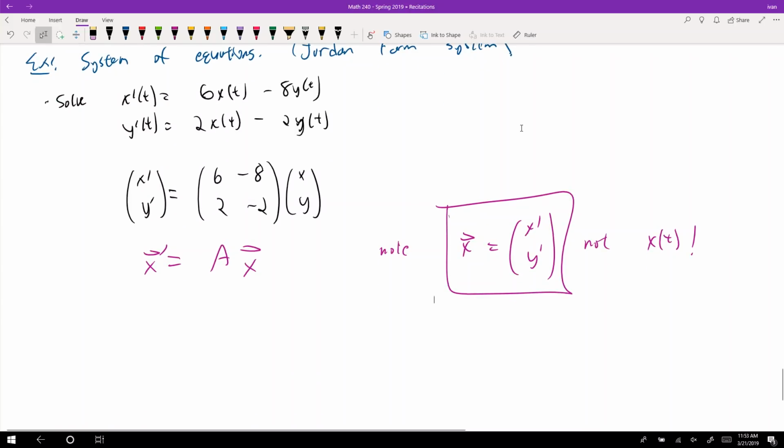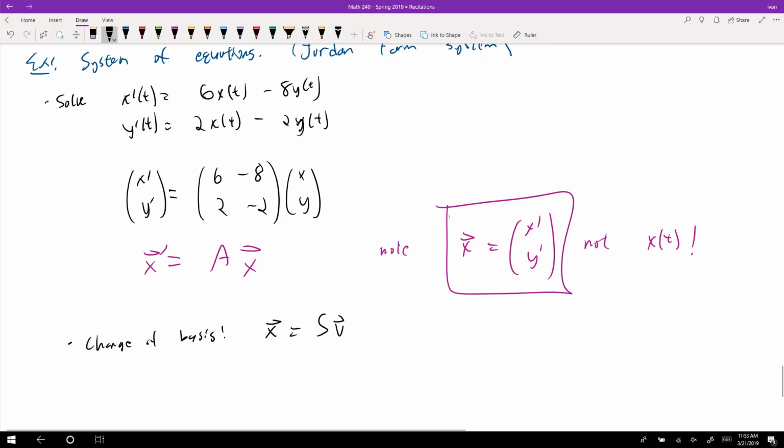So now what do we do? Well, we want to make a change of basis, because this system right here isn't solvable immediately. We're going to let the vector x, because this is the x prime vector and this is the x vector, equal some S times some vector v.